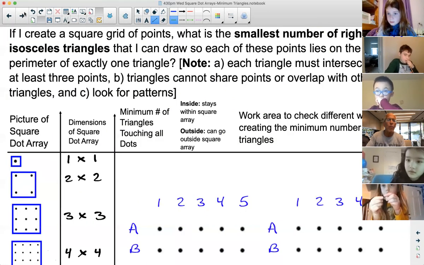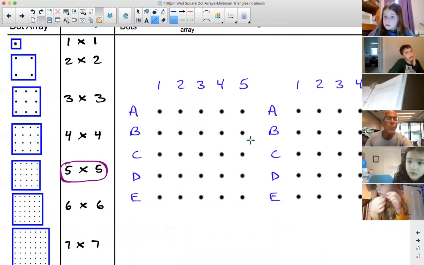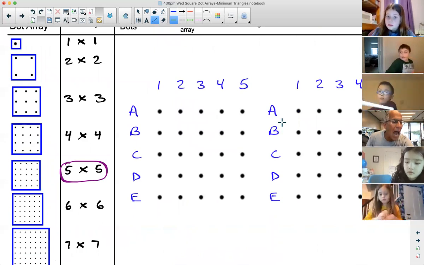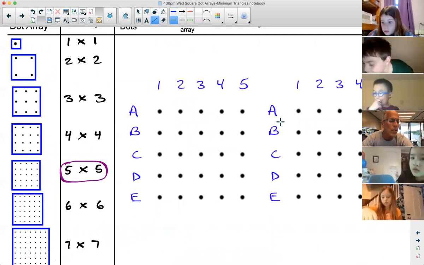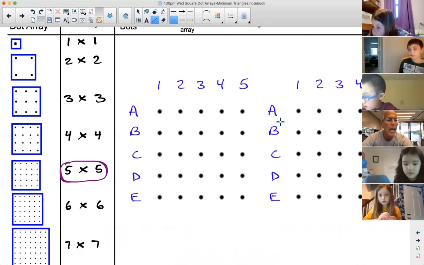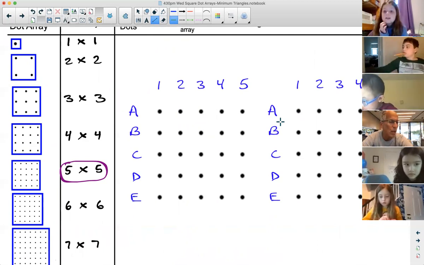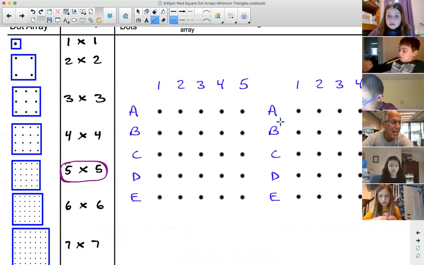Now, everybody right now, go to page 4. This one was the actual competition. So this was the question on the high school competition. They gave you a 5 by 5 and they asked you what was the fewest number of triangles. I'm not going to give you any hints at all.